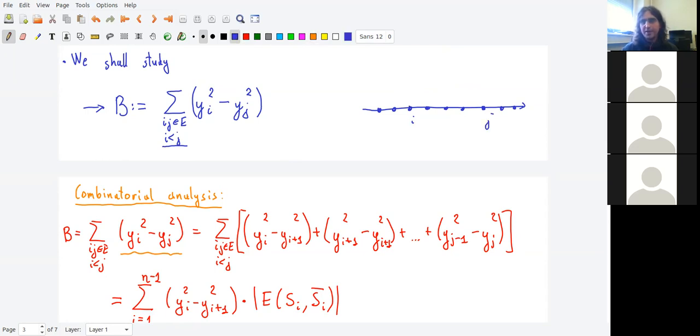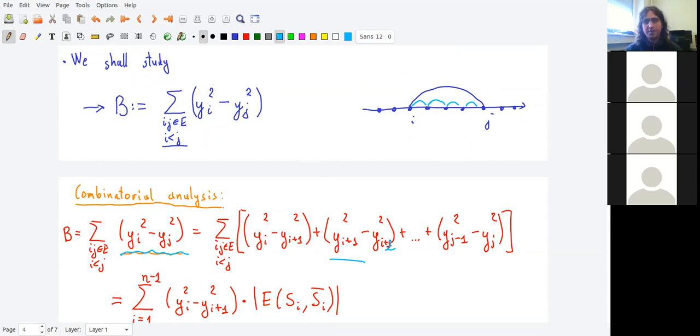So if I have this yi square minus yj square, instead of this, I could write yi square minus yi+1 square, plus yi+1 square minus yi+2 square, and so on and so on. So instead of taking this whole difference at once, I divide it into the sum of several differences that sum up in a telescopic way.